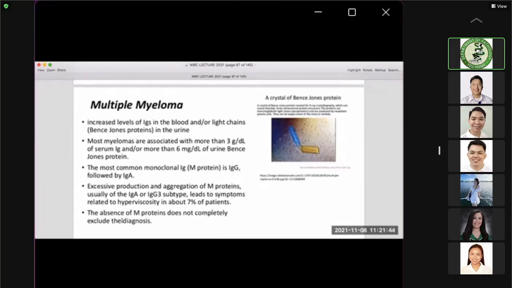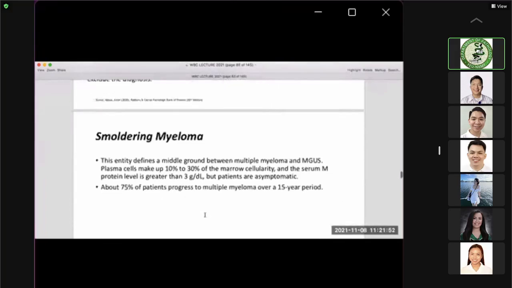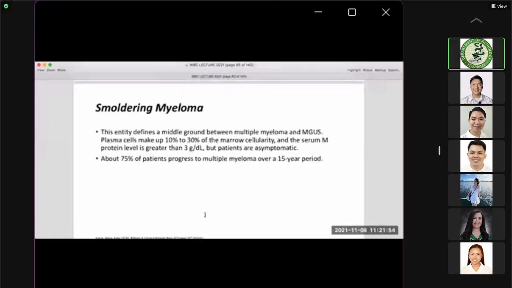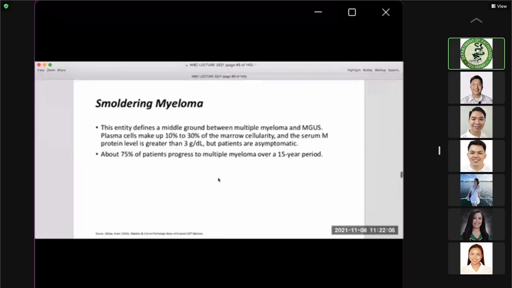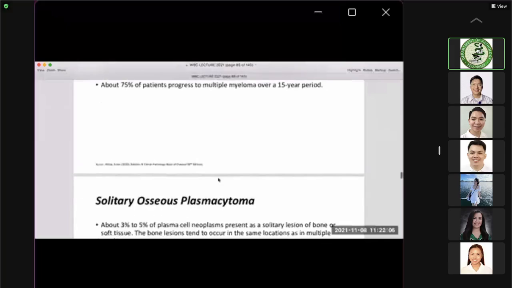In cases wherein there is absence of M proteins, it doesn't mean na walang multiple myeloma. So we have to dig deeper on this. Smoldering myeloma, just go through the characteristics. No? So it's in between multiple myeloma and MGUS, which we will see in a while.